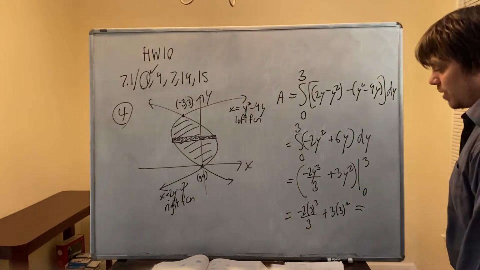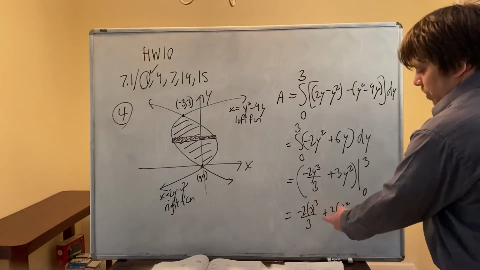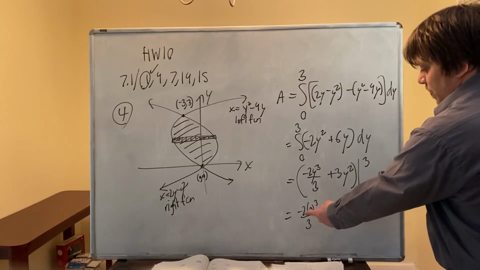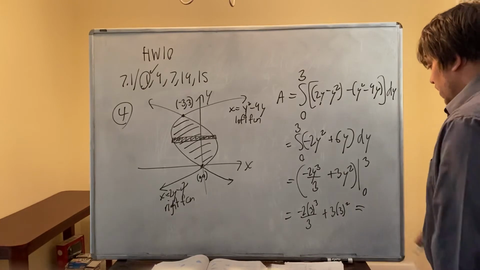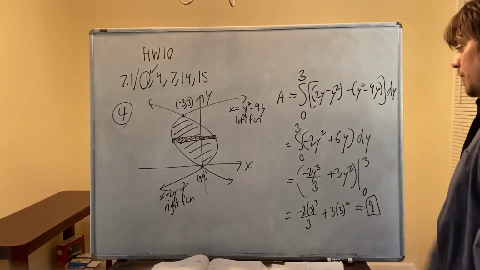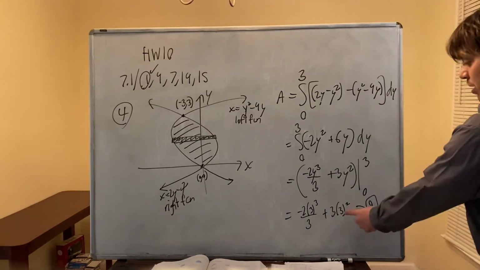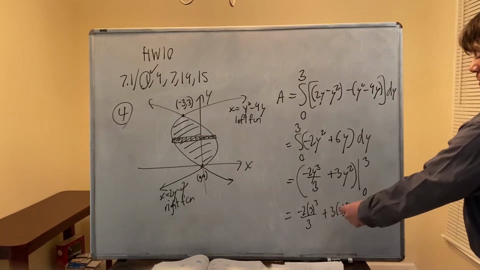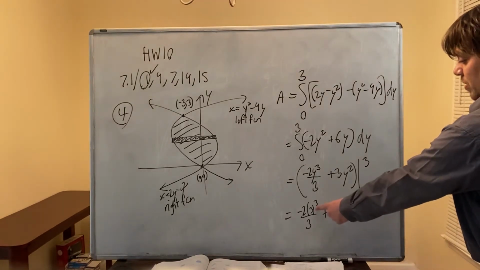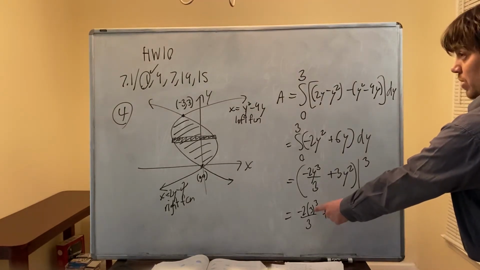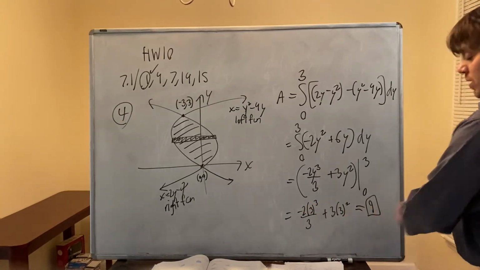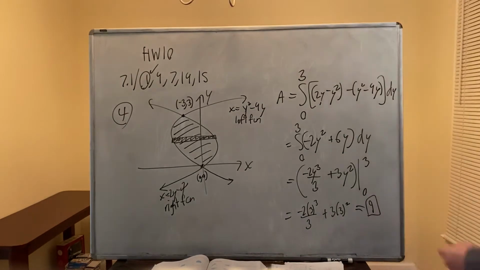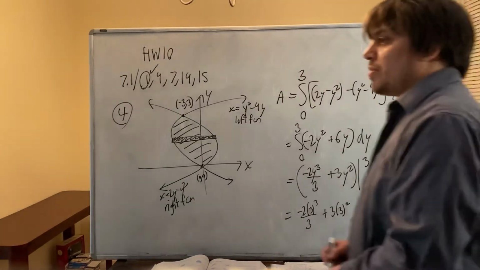And so then that's equal to 3 cubed over 3, which is 3 squared, which is 9, times negative 2, negative 18 plus 27, and that's 9. Okay? 3 squared times 3 is 3 cubed, which is 27. Negative 18 plus 27 is 9. So the area of that shaded region is 9. Okay, so that's number 4.